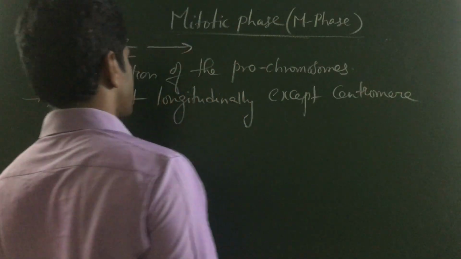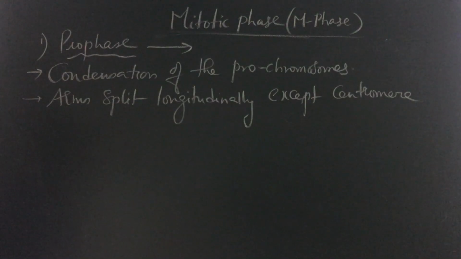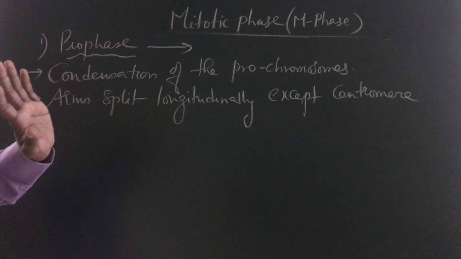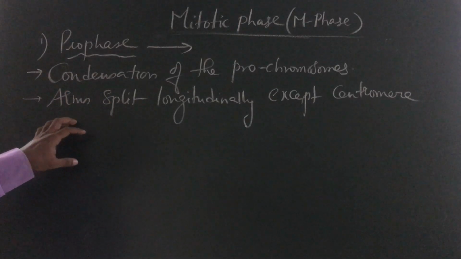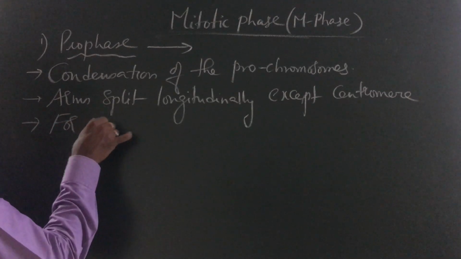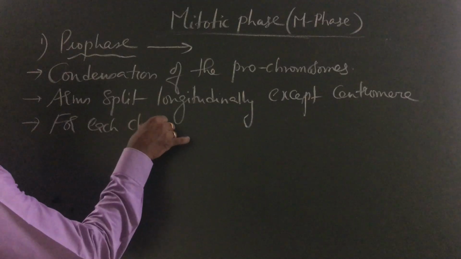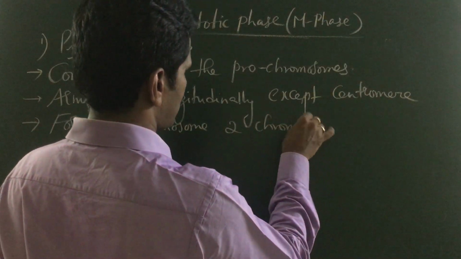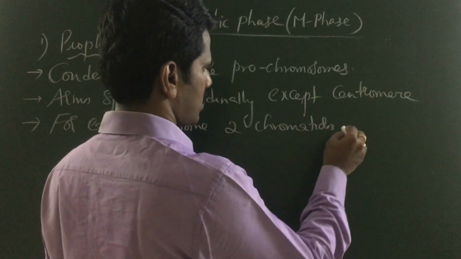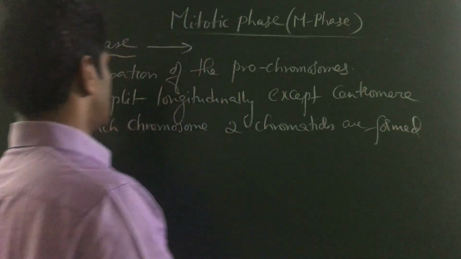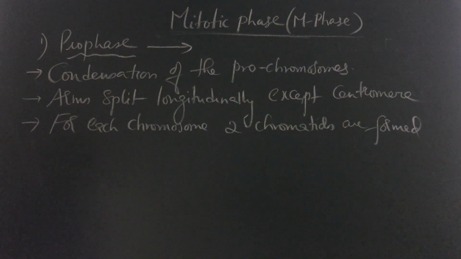Next, it forms two chromatids for each chromosome.